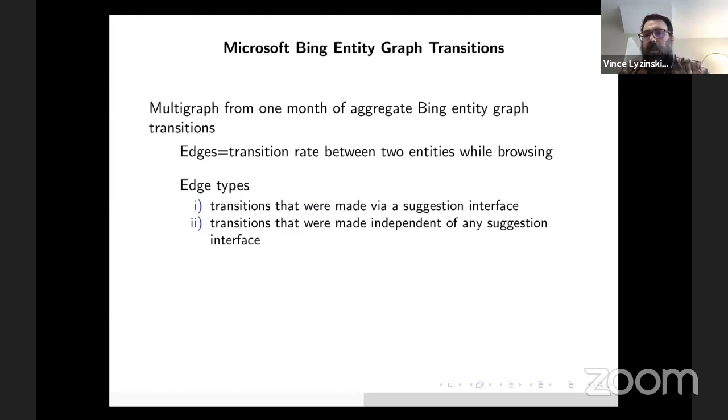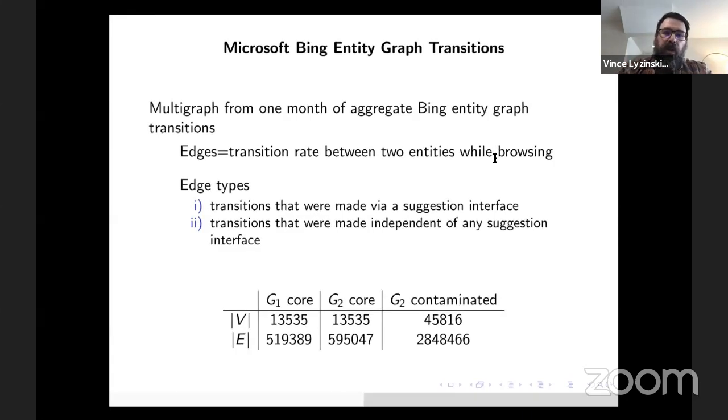And there are transitions that were made in a free-form interface where no suggestions were being added. One of the ideas they wanted to explore was, is the search structure similar enough that we can still find similar groups of entities in one network versus the other, or is something going to be fundamentally different between the two graphs?